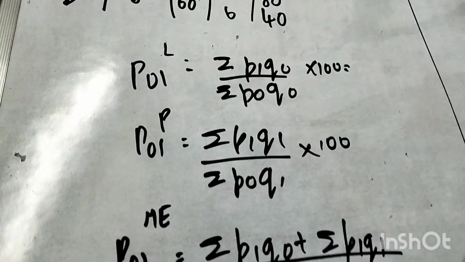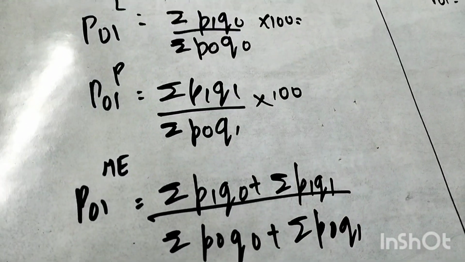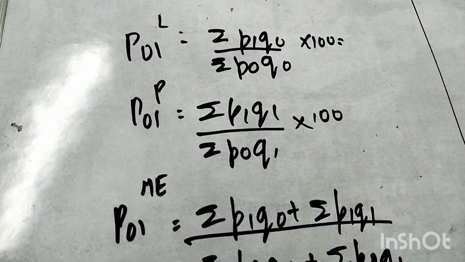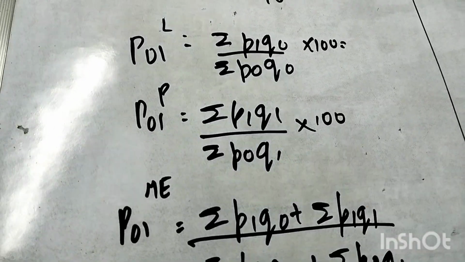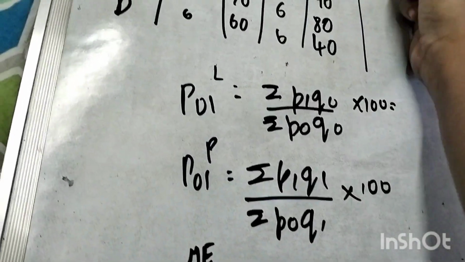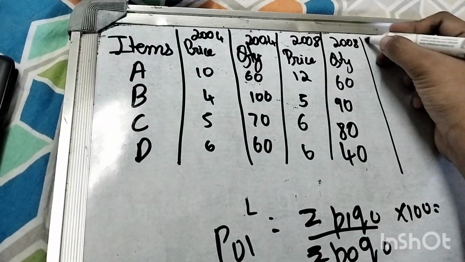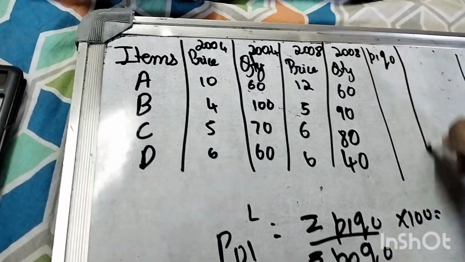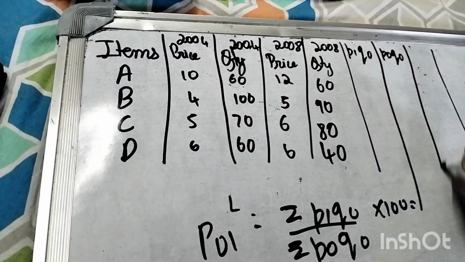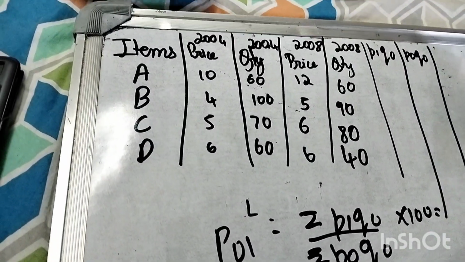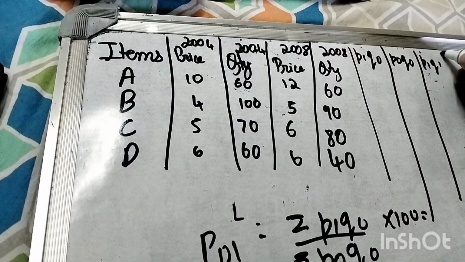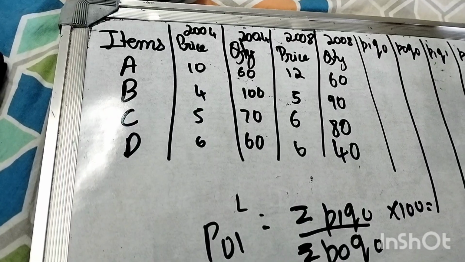So we have P1 Q1 and P0 Q1, but we do not have P1 Q0 or P0 Q0 or anything like that. So we need to make columns. The columns are going to be P1 Q0, P0 Q0, P1 Q1, P0 Q1.